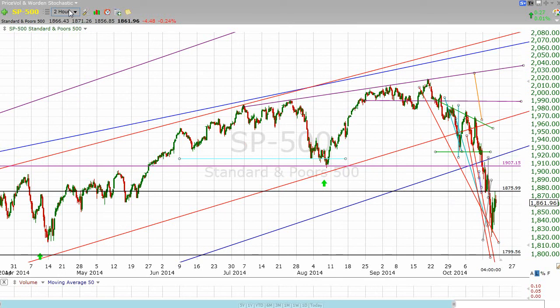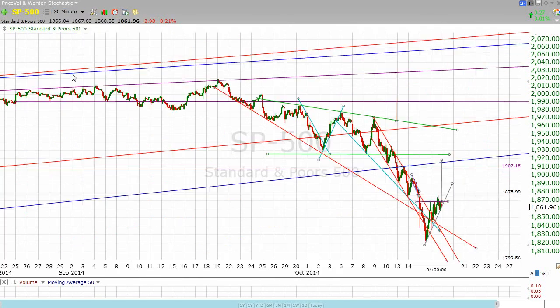I mentioned that there is an interpretation of that pattern. I mentioned it in yesterday's video that pretty much got met with the 1820-ish low yesterday. Okay, so that is a possibility.